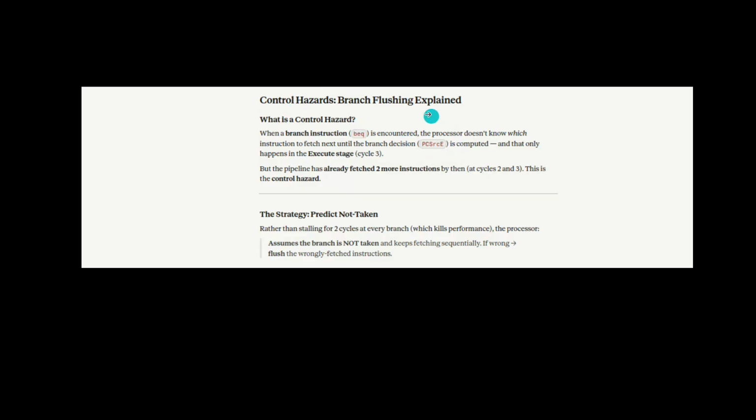PCSrc is calculated in the execute stage, that is cycle 3. But the pipeline has already fetched 2 more instructions by then, at cycle 2 and 3. So this is a control hazard.